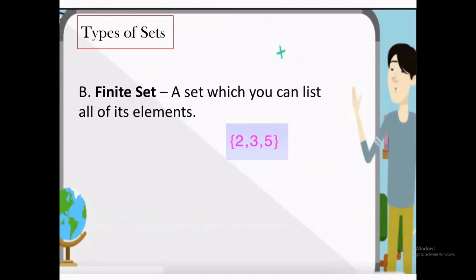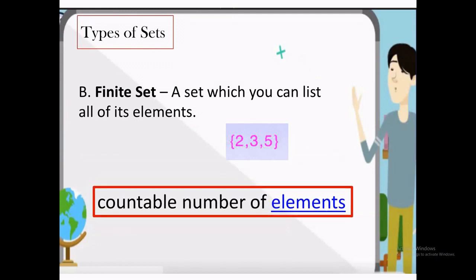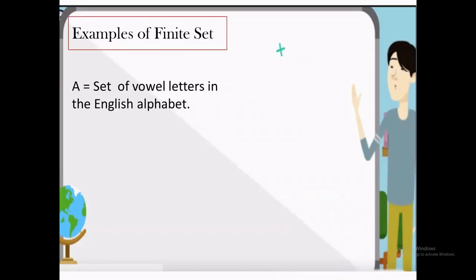Second type, finite set. A set in which you can list all of its elements. Finite sets have a countable number of elements, which means you can count the number of its elements. Let's say A is the set of vowel letters in the English alphabet.